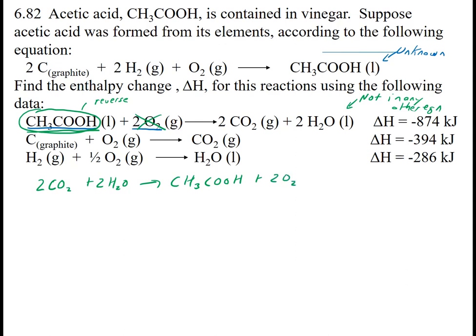So I didn't change any coefficients because I didn't need to multiply or divide. All I did was take the things on the right hand side and make them left, and the things that were on the left and make them on the right. But when I do that, my delta H becomes a positive, and I write it down just because I want to emphasize it, 874 kilojoules. Of course, you don't have to have a positive sign there.